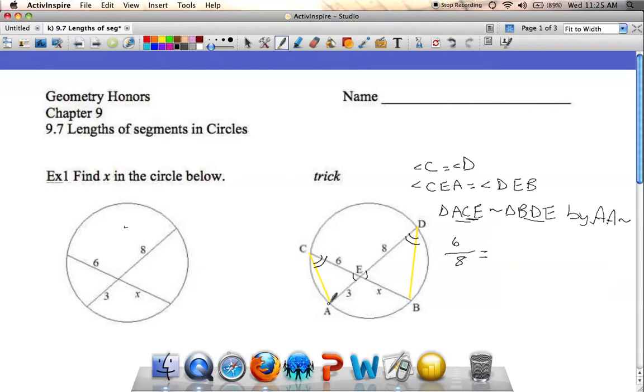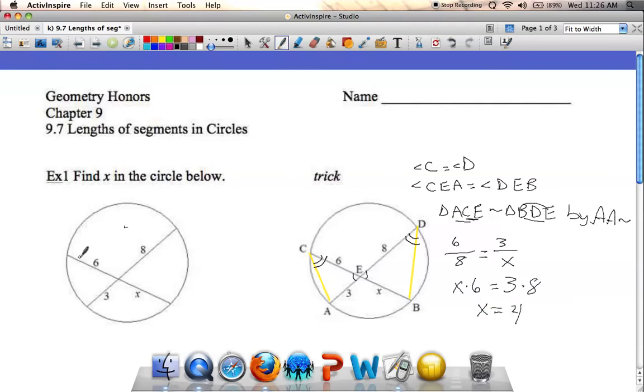And then we have AE, which is 3. And then we have BE, which is x. So cross multiplying, we get x times 6 equals 3 times 8, which is 24. Dividing both sides by 6, we would get x equal to 4.